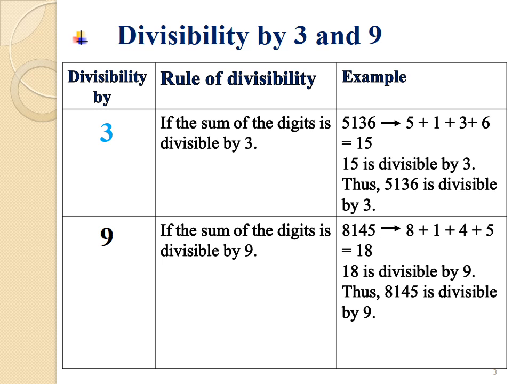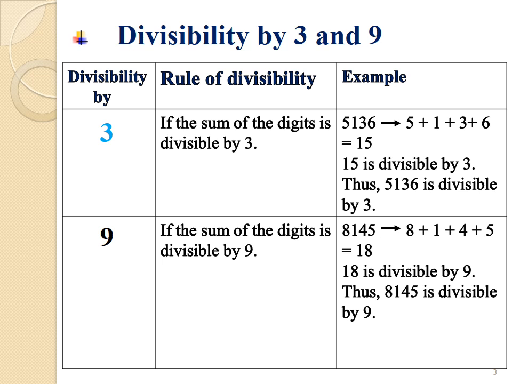So, now let us find the sum of the digits by adding the digits 5, 1, 3 and 6. Thus, adding 5, 1, 3 and 6, we get 15. 15 is divisible by 3.